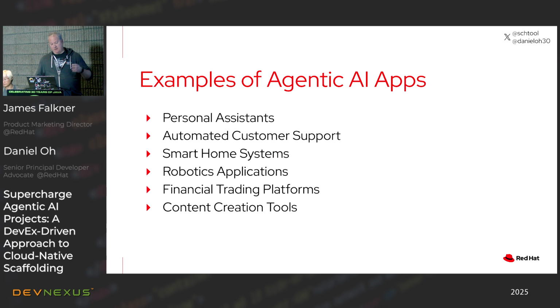So here are some examples. Daniel talked about a couple: Siri as a personal assistant, and automated customer support for classifying tickets, routing requests, and assigning engineers to fix things. Then smart home systems. Any of you may have a smart thermostat or automated lighting at home, and this is a fantastic use case for an agentic application, where it needs to reason about its current environment, learn the history, your preferences, and your behaviors, and apply those to whatever system you want to control.